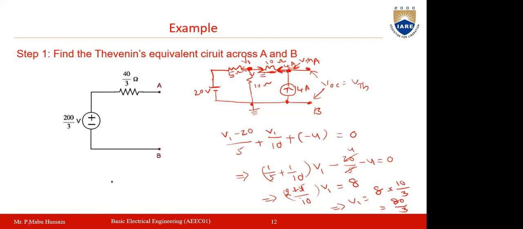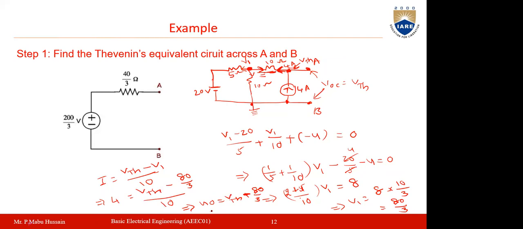Then that current I will be equal to V Thevenin minus V1 by 10. So I is the 4 amps, V Thevenin's value you need to determine, and V1 value is already calculated, which is 80 by 3, divided by 10. So this can be written as 40 is equal to V Thevenin minus 80 by 3.